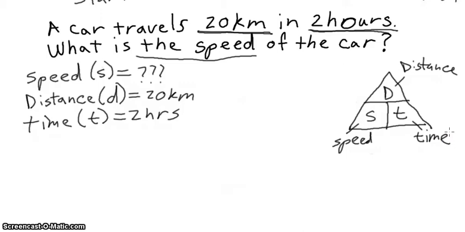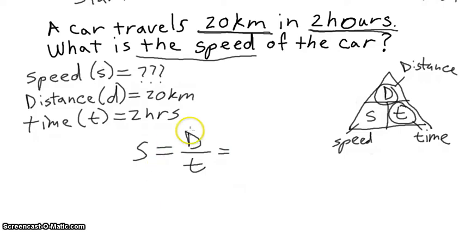Okay? So I start solving my problem by writing what I'm looking for, the speed, and an equal sign. Now if I look over to my pyramid, I can see that distance is on top and time is on the bottom. So in my problem, I'm going to write distance on top and time on the bottom. Okay? Just like that.